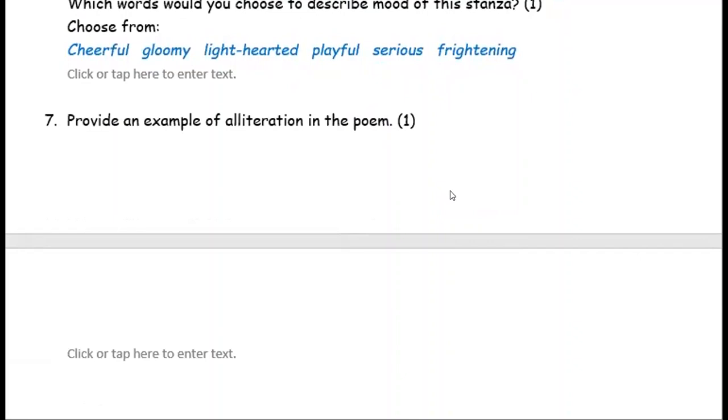Okay, so this is what I want you guys to do for the activity. I'm going to upload it onto Google Classroom. You will download the Word document and complete the answers on Word. Guys, how do you complete it? You're going to click on the little bounding box where it says click or tap here, and you simply write your answers down.